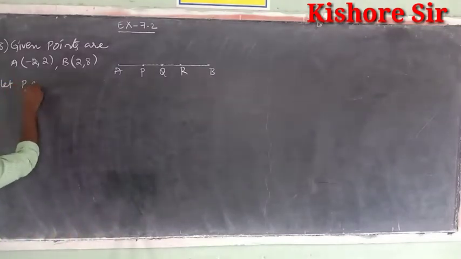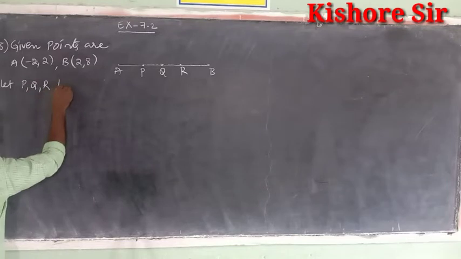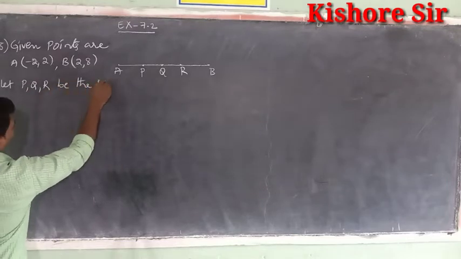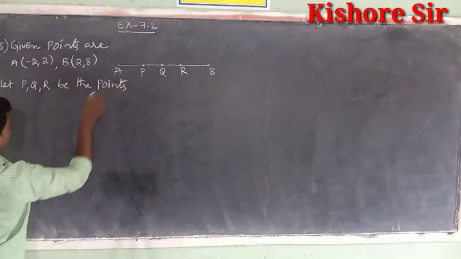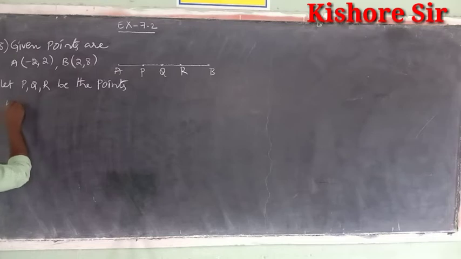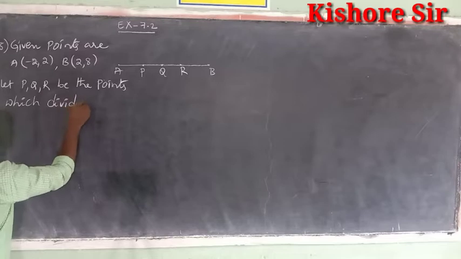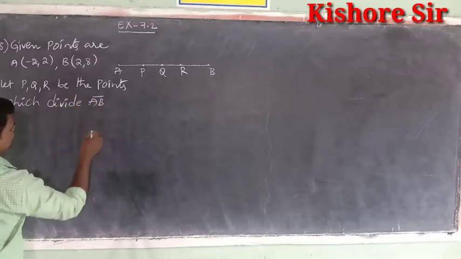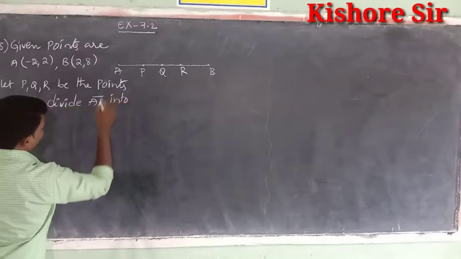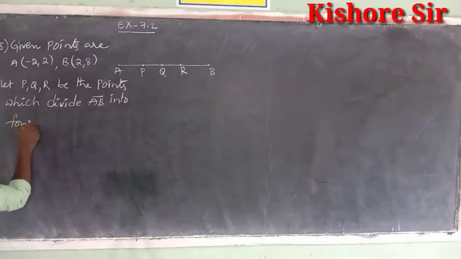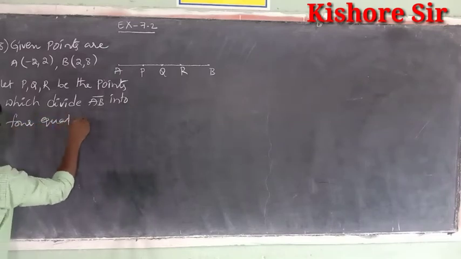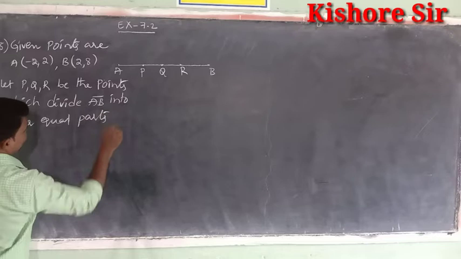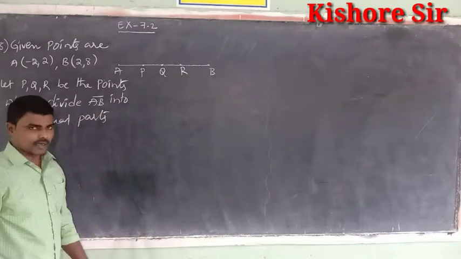Let P, Q and R be the points which divide the line segment AB into 4 equal parts.